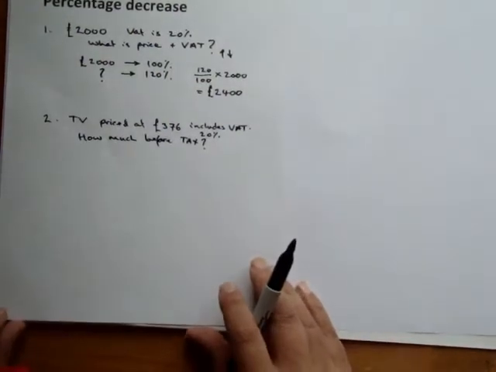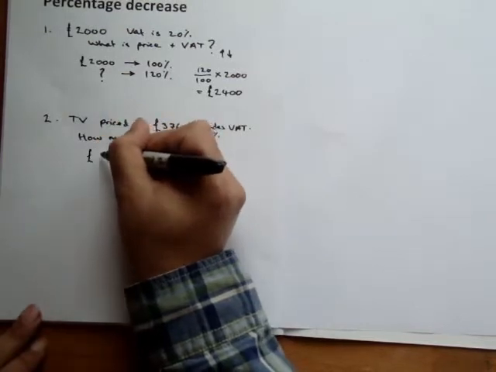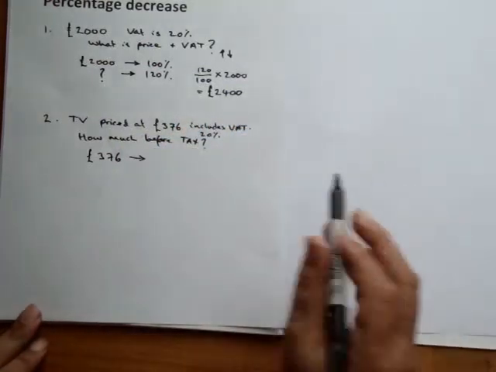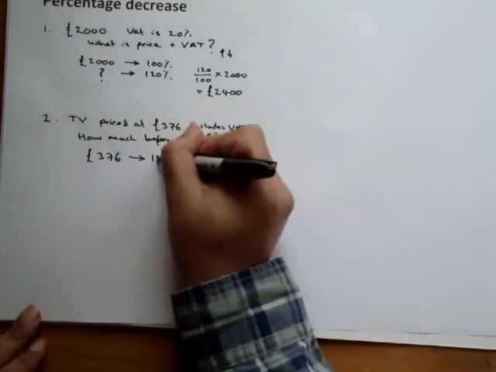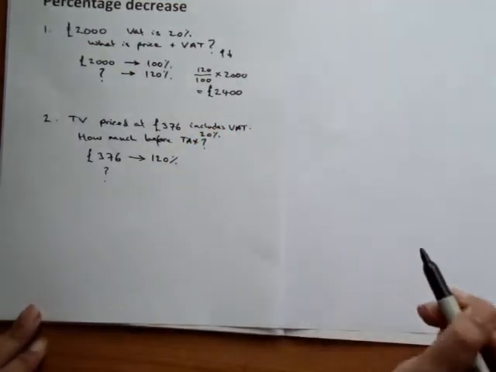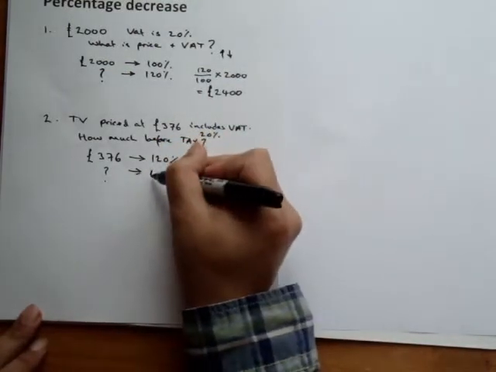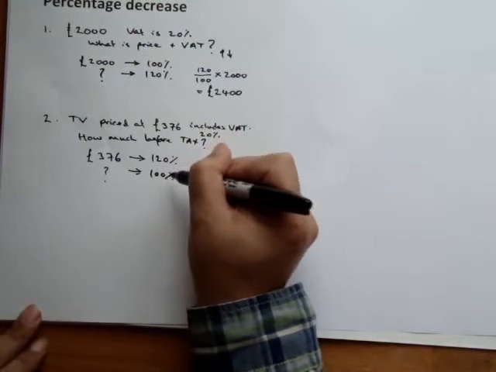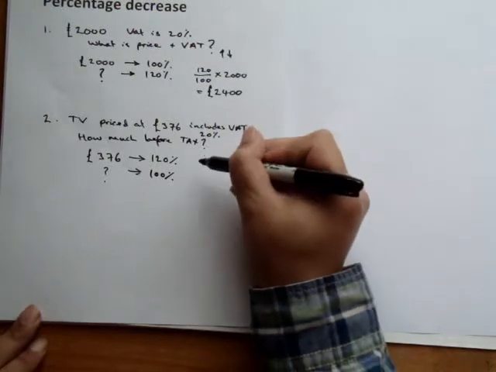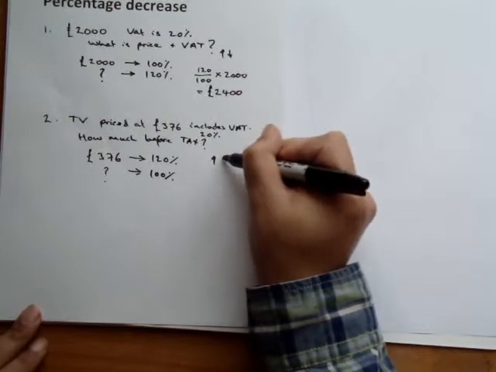Okay, so follow a simple method again. We have our £376, and our £376 includes the 20%, so that's 120. We want to know before our tax, and before our tax we're going to say it was 100%, because after it was 120. So before tax, we want to know our scale factor. Do we need to make the figure bigger or smaller?